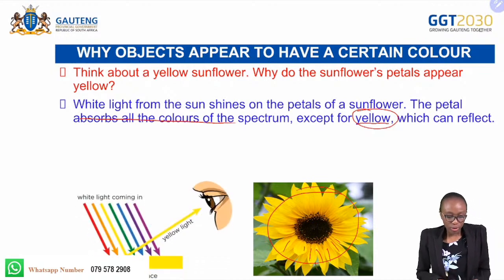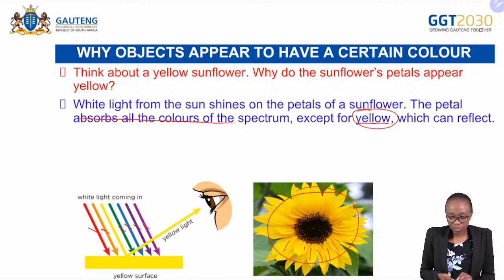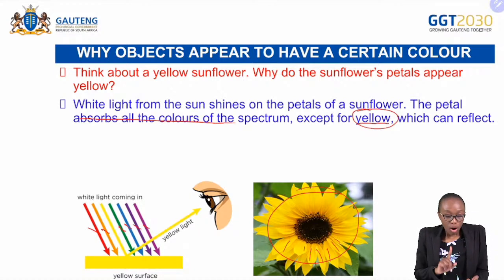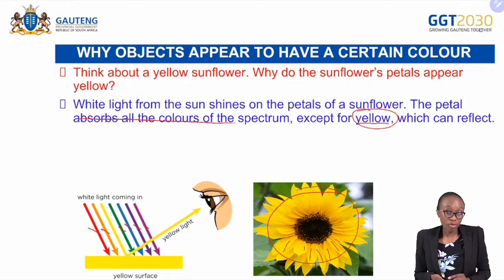So there we go. So we are looking at the sunflower. This is the surface of the petal, and you are looking at it. It's going to absorb 1, 2, 3, 4, 5, 6 colors of the spectrum. But one color is going to be reflected. Remember when we were talking about the interactions of light with matter at the very beginning of today's lesson?